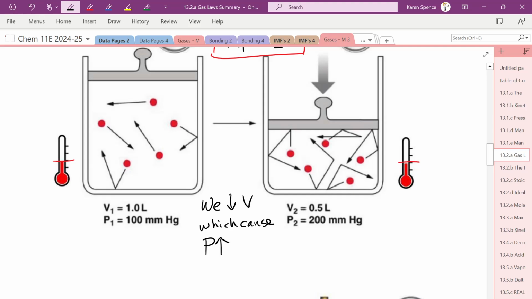So how would we write a proportionality statement for that? Pressure is inversely proportional to volume. In other words, pressure is proportional to 1 over V.